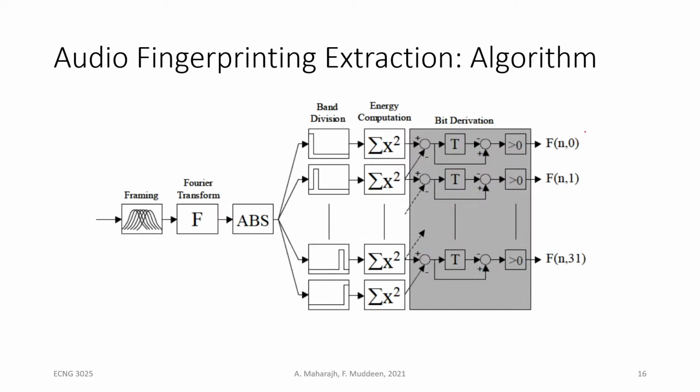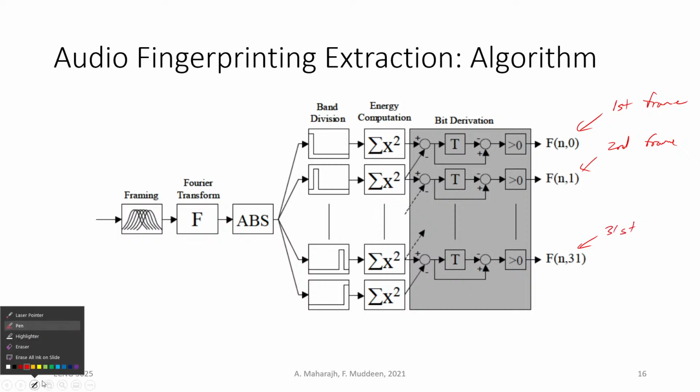This here is the first frame, that here is our second frame, and this here is our 32nd frame, since we started at 0, and so forth as we keep going.